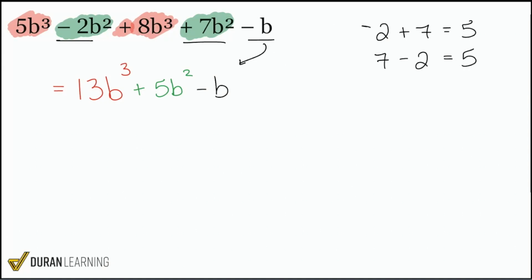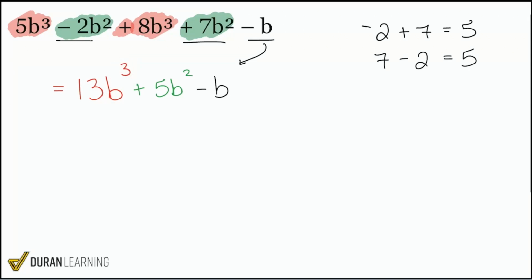So with that, I want to remind us that when we are combining like terms, we treat the variable and exponent combination as its own term. So we have 5 of these things and 8 of those same things. So now we have 13 of those b cubed terms.